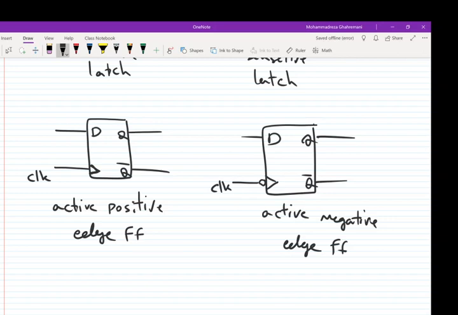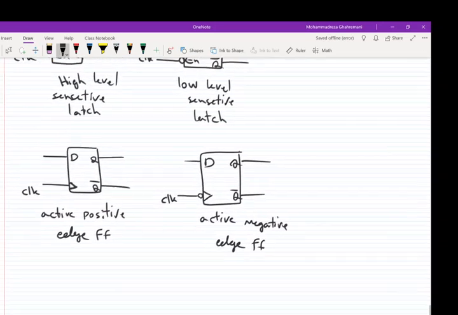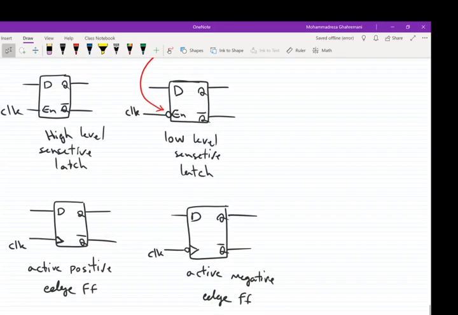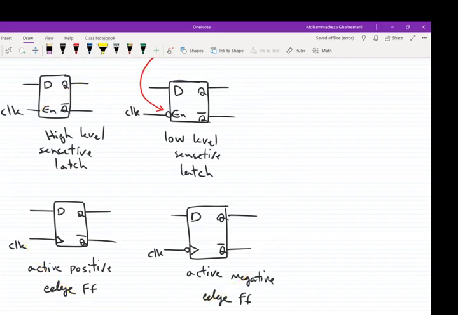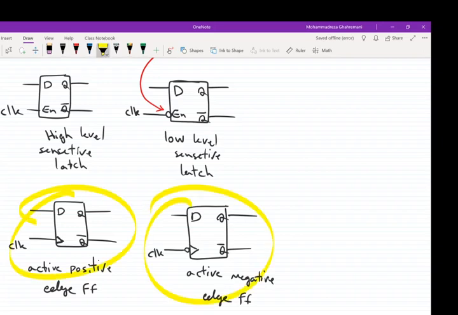So it's very important that you learn these four figures.